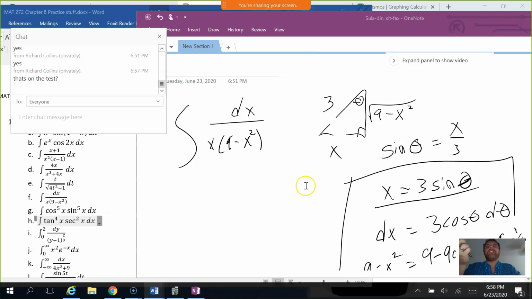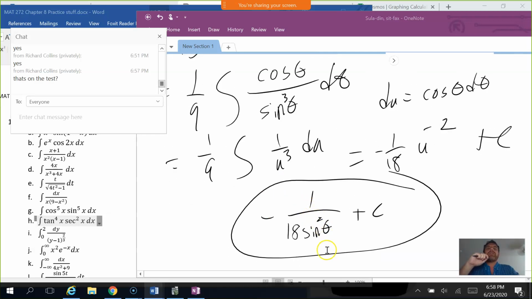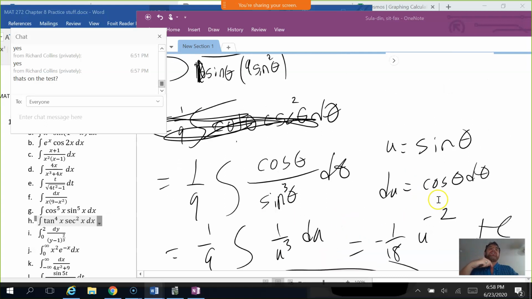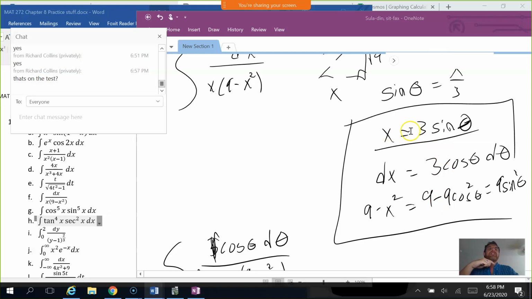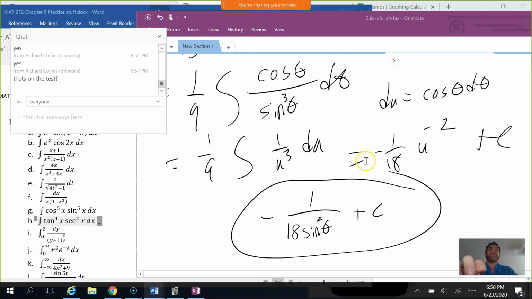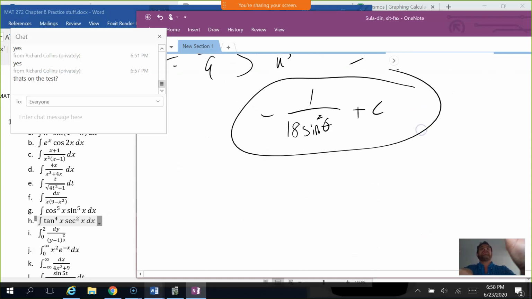I didn't even really finish it, right? Because remember, you're not supposed to have thetas as your final answer. I should have switched this back over to x's. We could do that because x is just 3 sine theta. So this 18 sine squared would substitute back out to be, what would it be if I took 2 3s out of there?